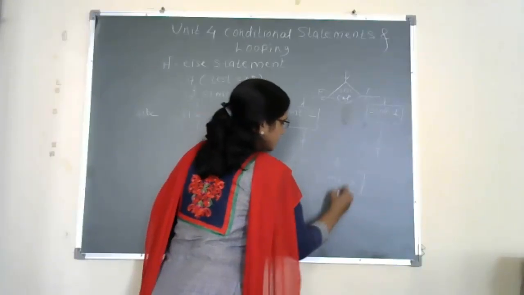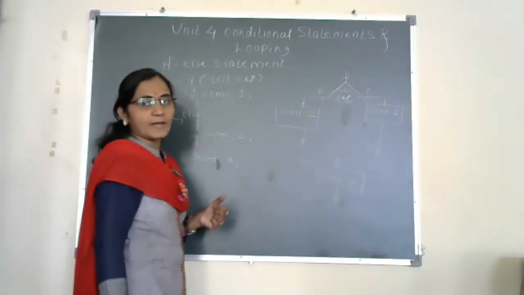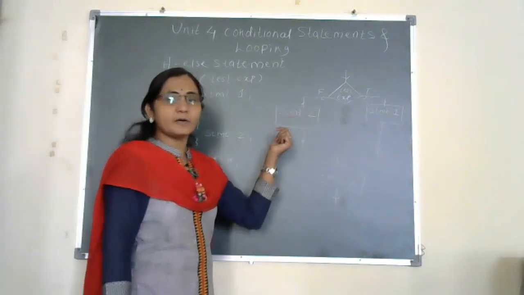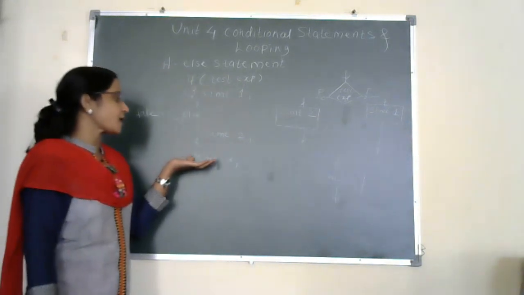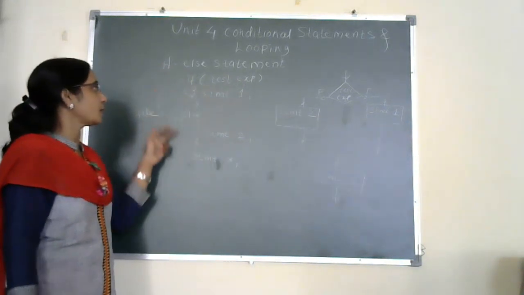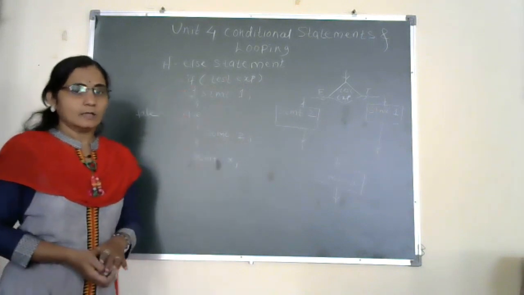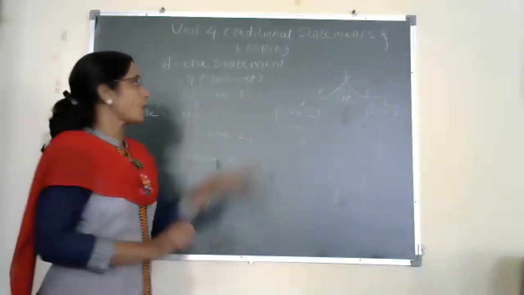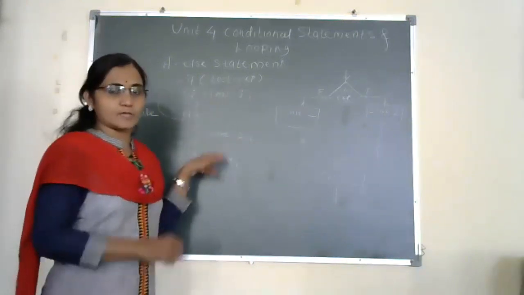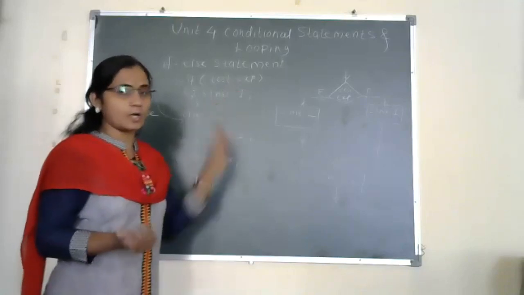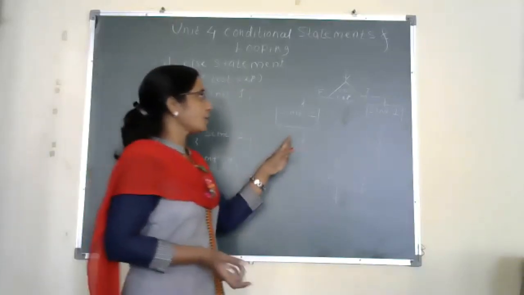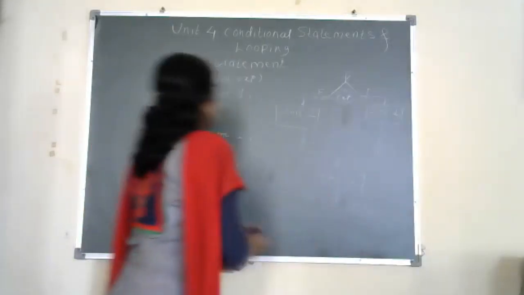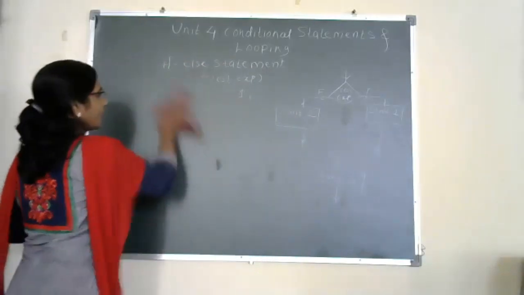The statement X will compulsorily be evaluated, whether the condition becomes true or false, and that's why statement X is placed just below the complete structure of if-else. So where do you have to use the if-else statement? If you have only one condition and two alternatives, either yes or no, either true or false. This is the flowchart of the if-else statement, and with one example you will get a clear idea about it.